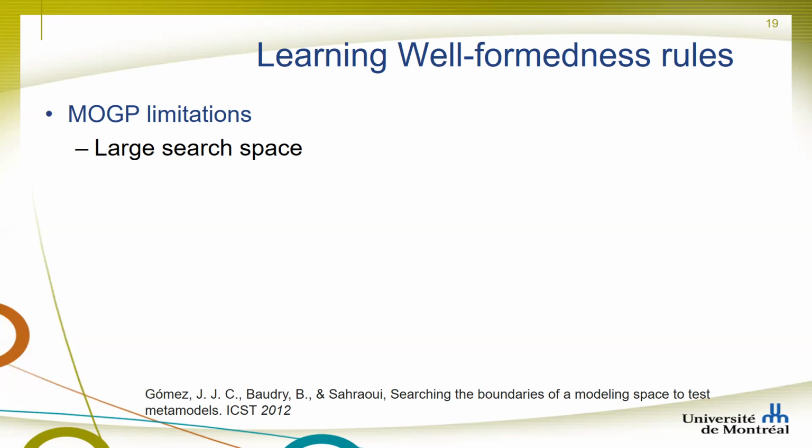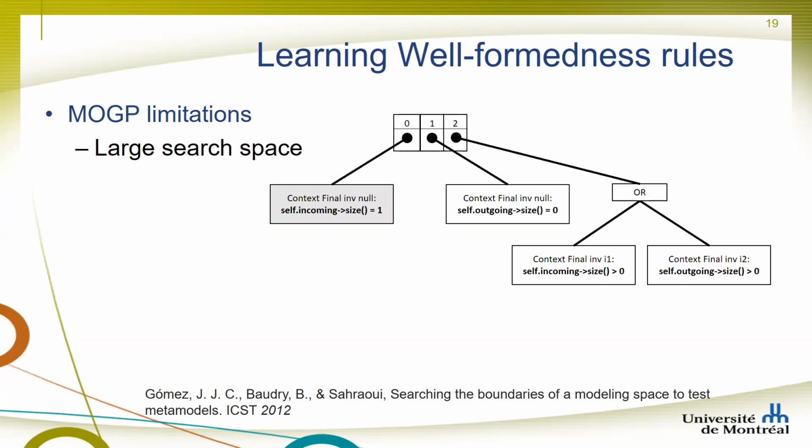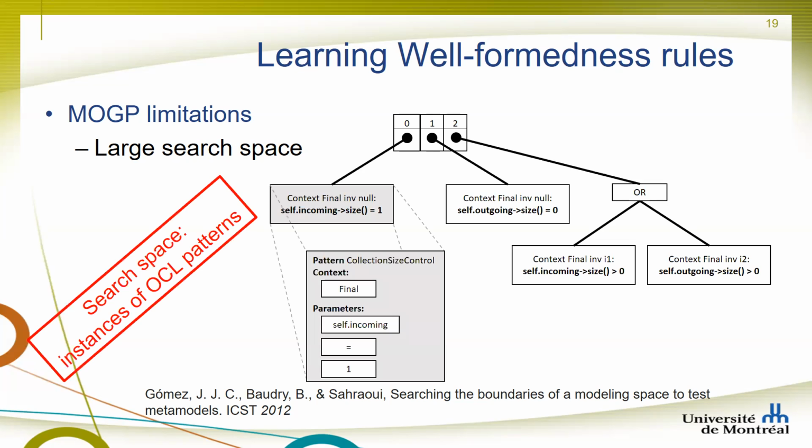So what we did, we looked at what exists in the literature, and rather than creating these invariants randomly, in fact, we use patterns of invariants. So we did some work with Thanh-Dat Houari. During his PhD thesis, he took a lot of languages with their well-formedness rules and tried to find patterns.